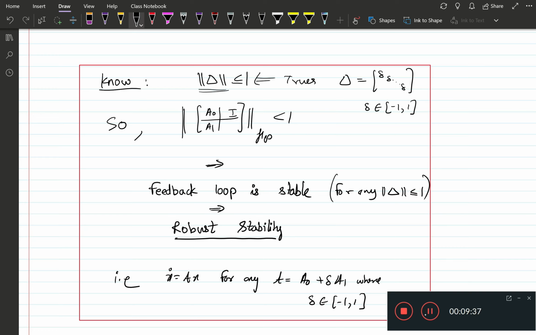So we would indeed have that for any delta between -1 and 1, the capital delta will have a norm less than or equal to 1, and then by the small gain theorem, if this condition is satisfied, then we have robust stability. That is, this uncertain system x dot equal to Ax, for any A of this form, A0 plus delta A1, where delta is between -1 and 1, is robustly stable.